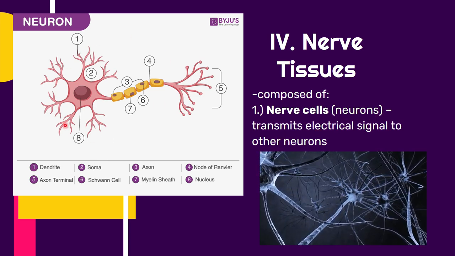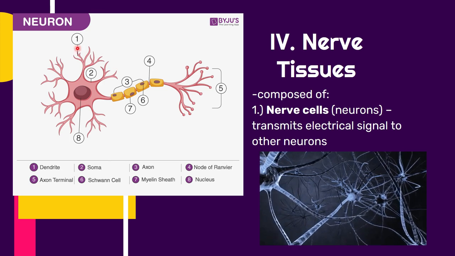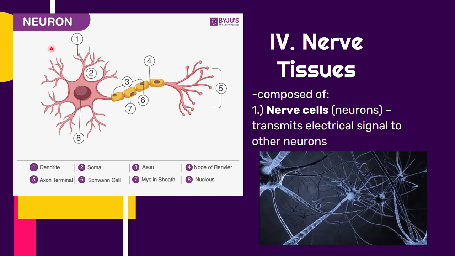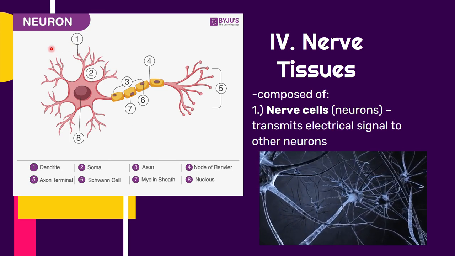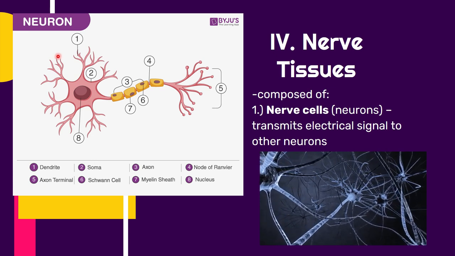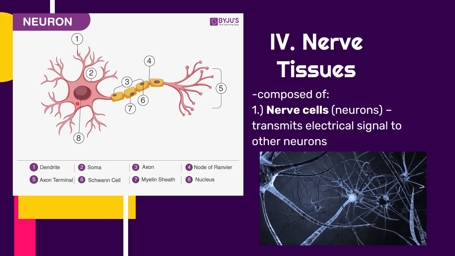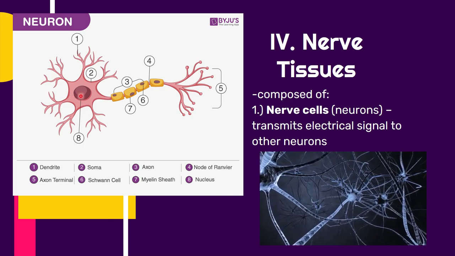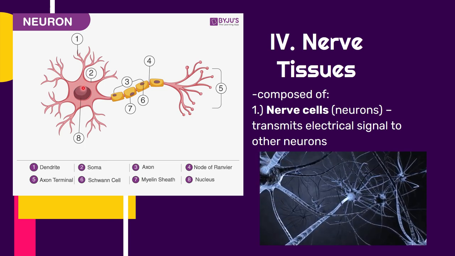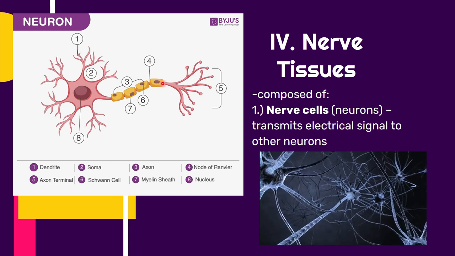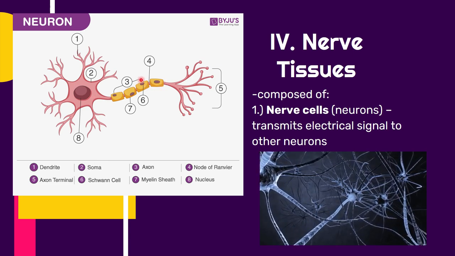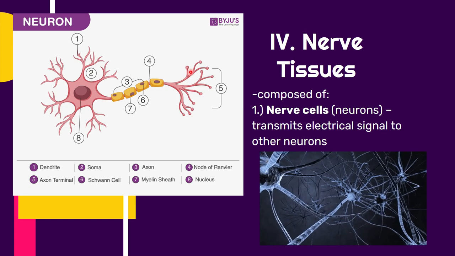So this is the structure of a nerve cell or neuron. Once the stimuli have been converted into an electrical signal, the electrical signal will pass on from the dendrites, then it will proceed to the soma, or also we call this the cell body. Then it will proceed to this lengthy structure here called the axon, until it reaches the axon terminal.